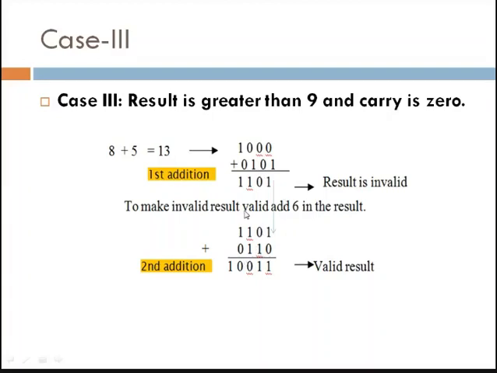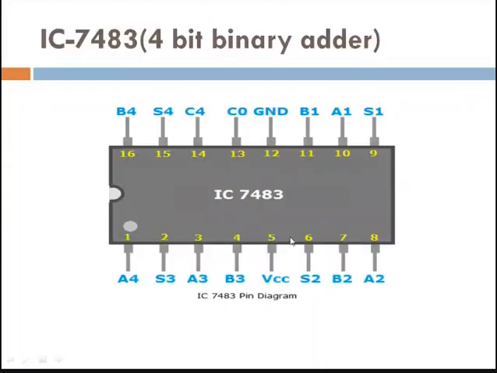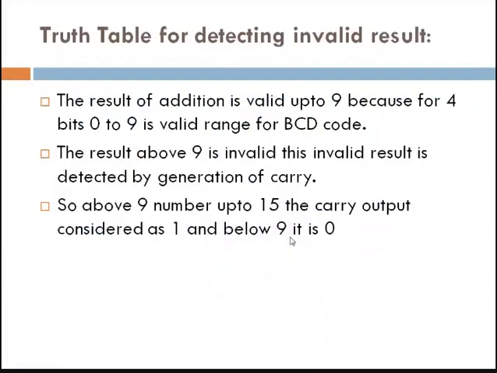And the sum part is invalid when the combination is between 10 to 15. If your result is between 10 to 15, then it is considered invalid. So for generating the combinational circuits, we need to consider these invalid combinations. For that purpose we have to design the truth table for the invalid sum only. So understand the concept of the truth table for detecting the invalid result.